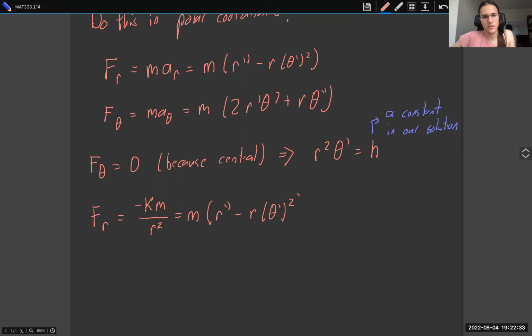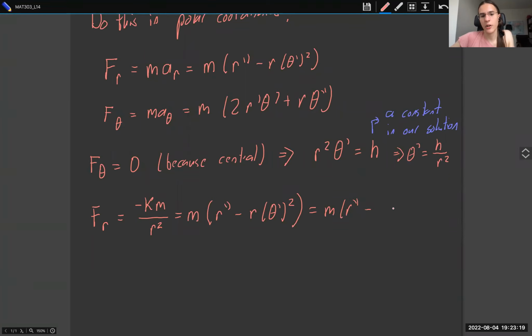And what I can do is I have r theta prime squared. Well, r squared theta prime is h, so I also get that theta prime, as a consequence of this, can be given in terms of r. It's this constant h over r squared. And so I'm going to plug that in here, and then I'm going to divide by r to the fourth.